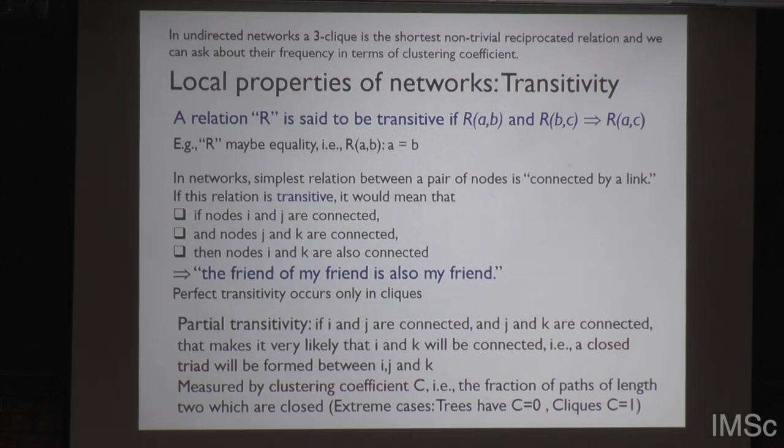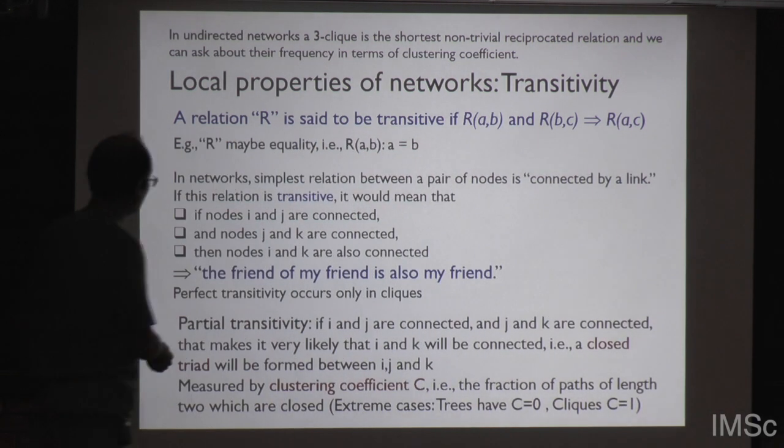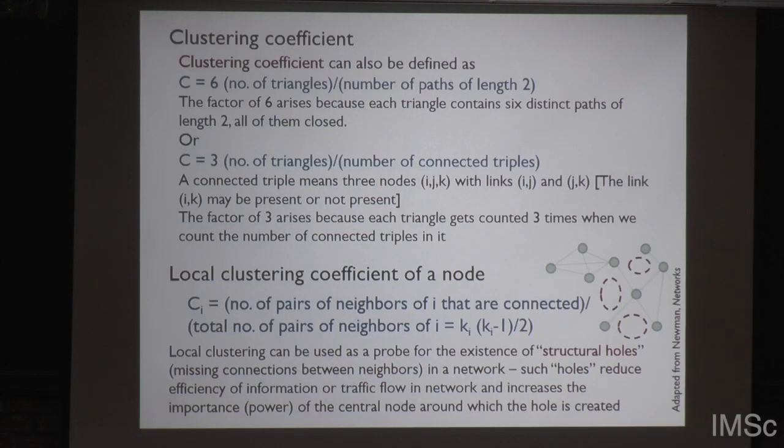So consider all paths of length 2 between A and B and ask how many of these paths, for every pair of A and B considered, are actually closed, such that a connection actually exists between A and B. This would help you figure out how much transitivity actually occurs in the network.